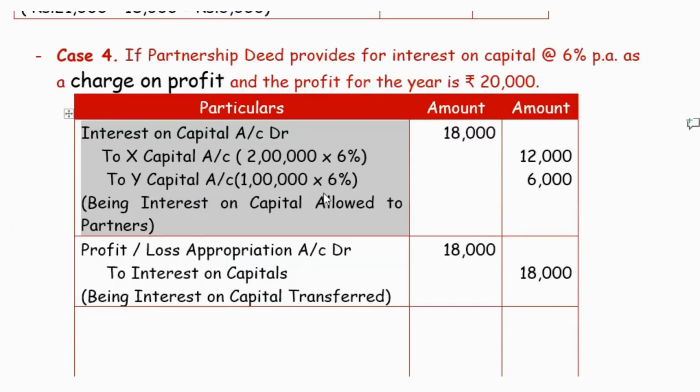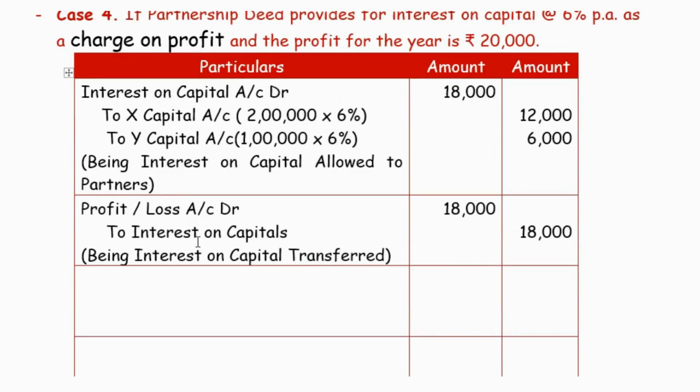The entry is going to be the same: interest on capital to X capital and to Y capital, 12,000 and 6,000. Since it is given as a charge, the interest on capital would be debited in the normal profit or loss account, before any money is taken to the P&L appropriation account. So profit or loss account debited to interest on capital.